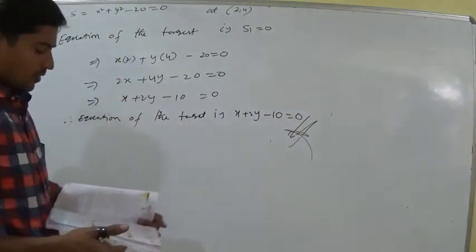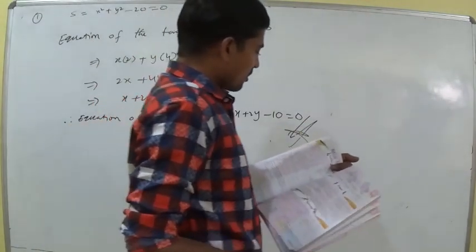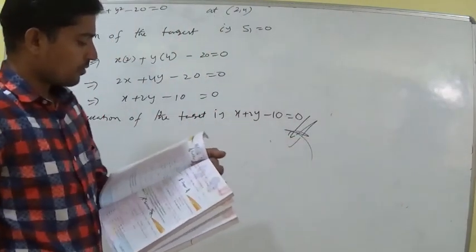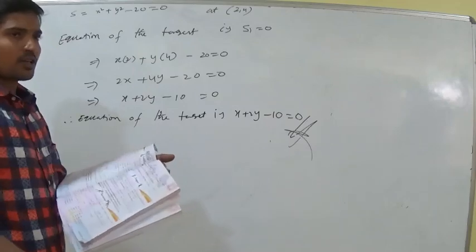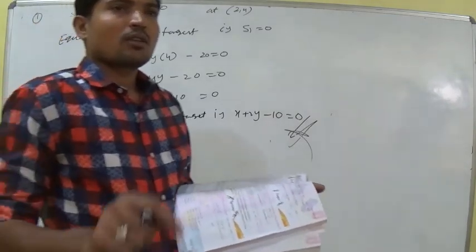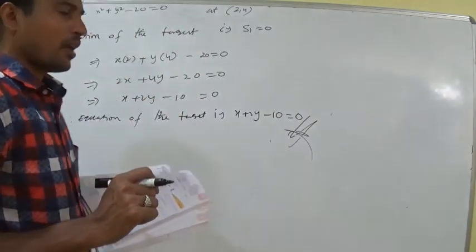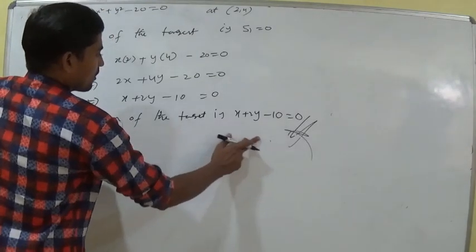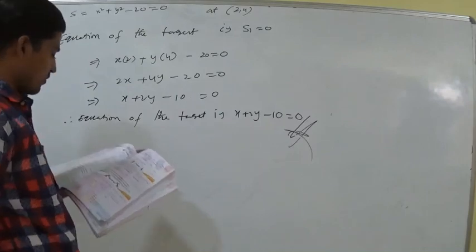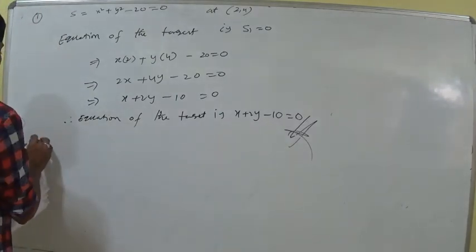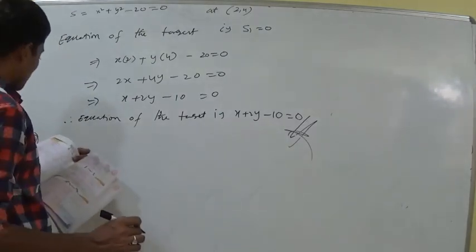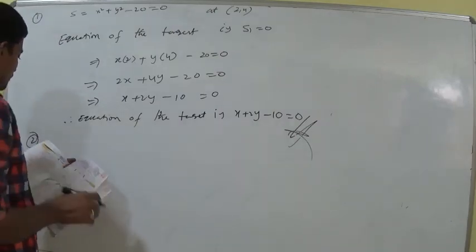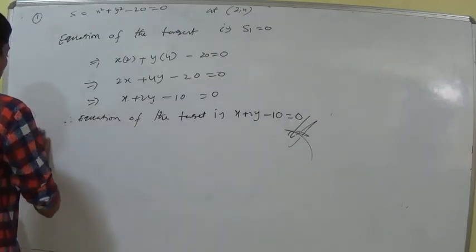Right? So next one, the equation of the normal. Equation of the normal, just before we discussed, (x - x1)(y1 + f). Let us write the second problem. Equation of the normal to the same circle, no need to write again.